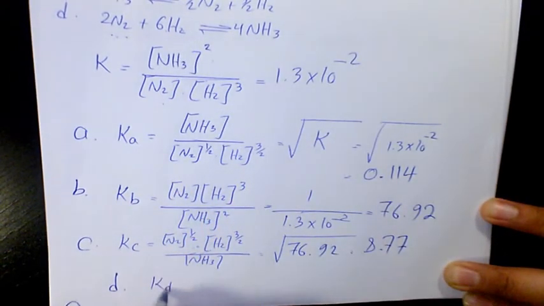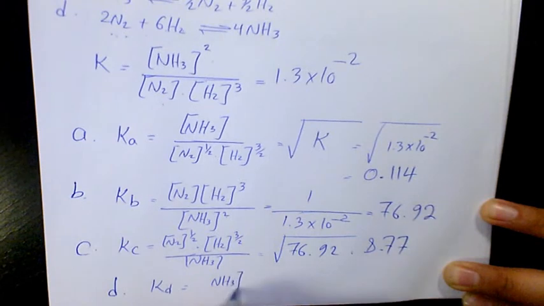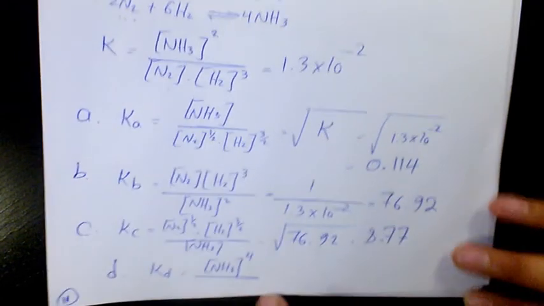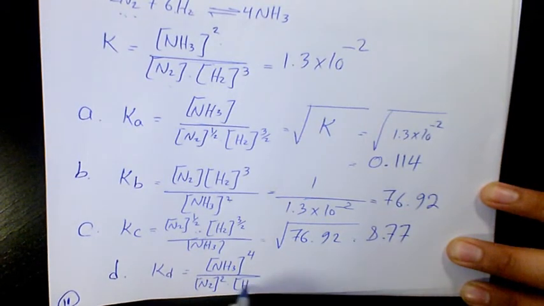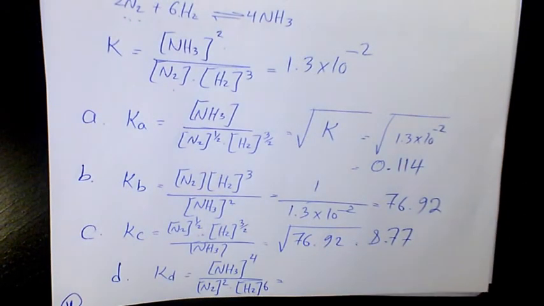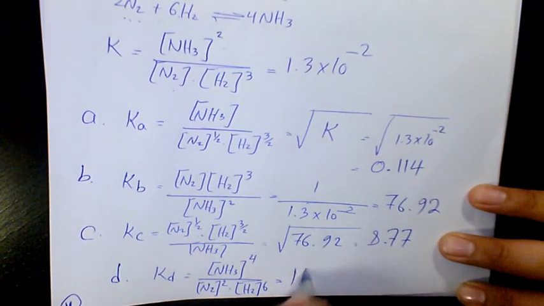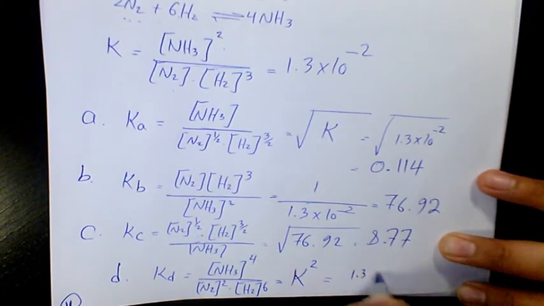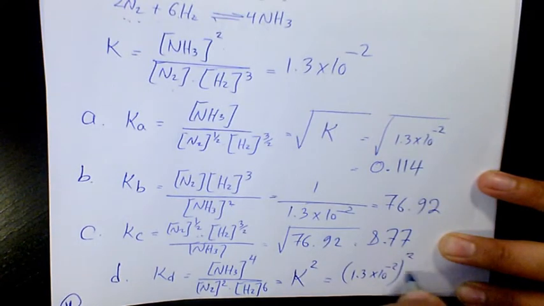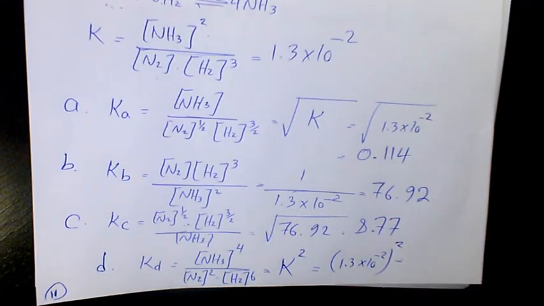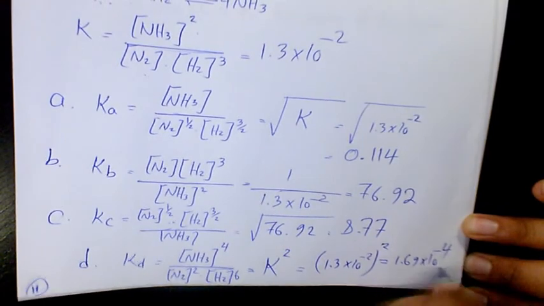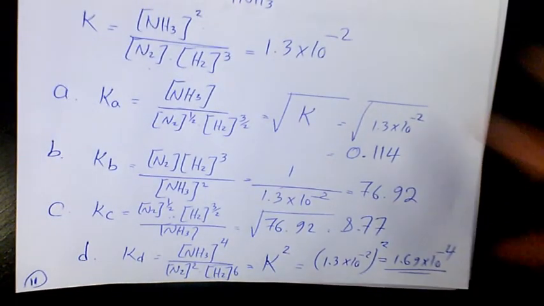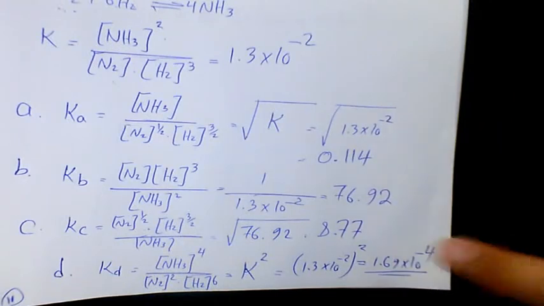So Kd will be NH3 to the power of 4 divided by N2 to the power of 2, H2 to the power of 6. So it's going to be K to the power of 2, basically 1.3 times 10 to the power of negative 2, to the power of 2. That's going to be 1.69 times 10 to the power of negative 4. That's the equilibrium constant for the last part.